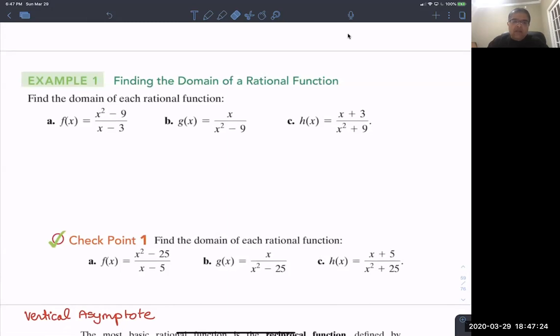However, in a rational function whose denominator is not 1, there's a problem. And that problem is, as you can probably guess, the denominator can't be 0. Well, if the denominator is a constant, then you have nothing to worry about.